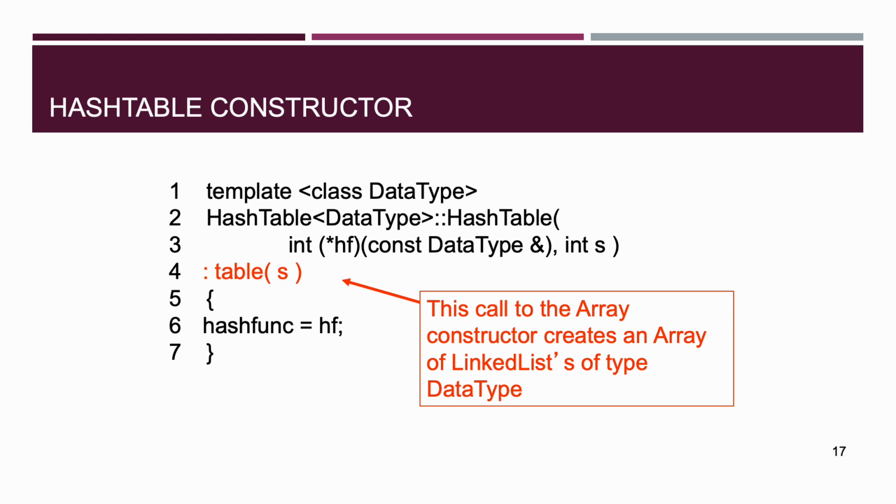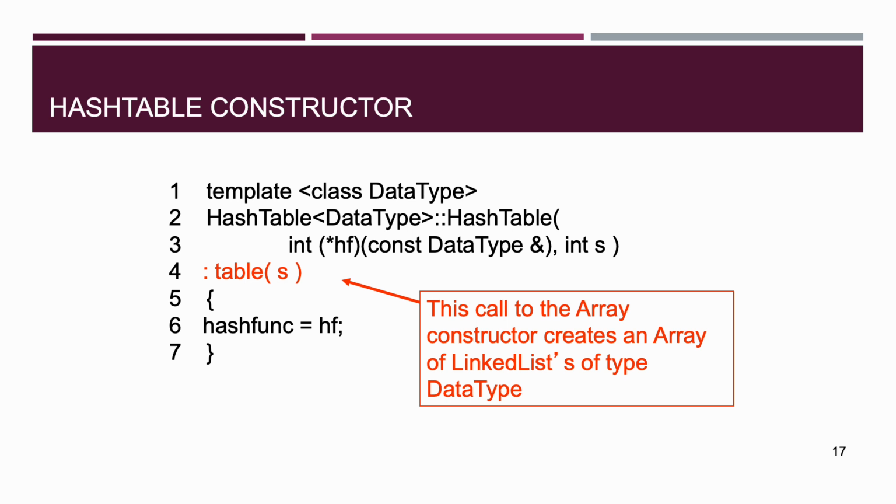Then on line 4, we see table s. Here table is initialized using the array constructor with size s, effectively creating an array of linked list objects, each capable of holding elements of type data type. After that, we have hash function.